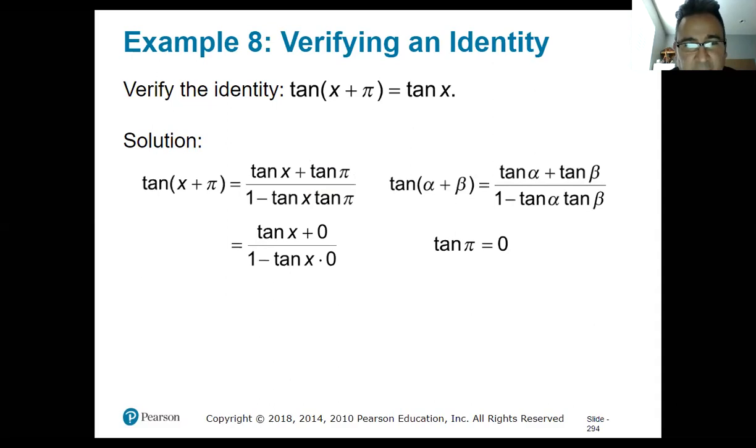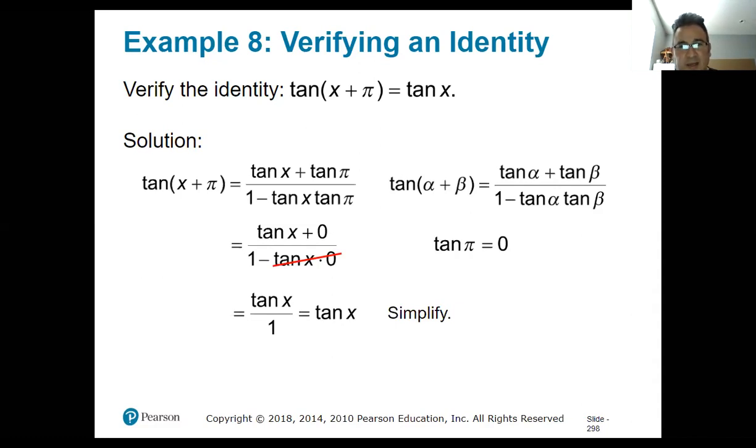And when I multiply 0 by anything, that part becomes a 0. 5 times 0 is 0. 7 times 0 is 0. Tangent of x times 0 is 0. So that's going to go away. Now that becomes tangent of x over 1. And then all I have to do is simplify, and I get tangent of x.